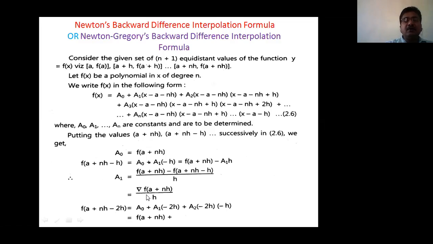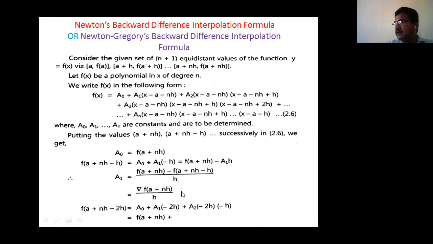What is del of f of A plus NH? It is f of A plus NH minus f of A plus NH minus H. That is the value at A plus NH minus the value at the previous point. Because we know the definition of del fx. What is the definition of del fx?